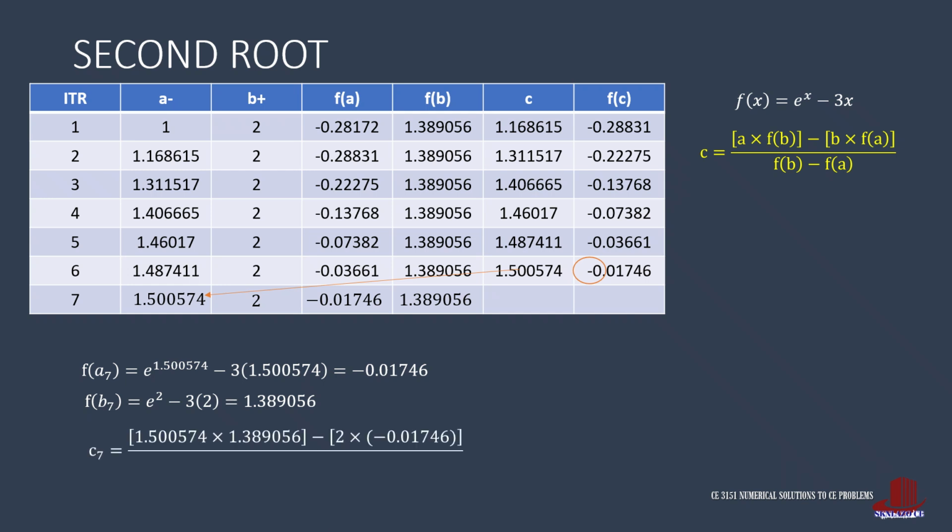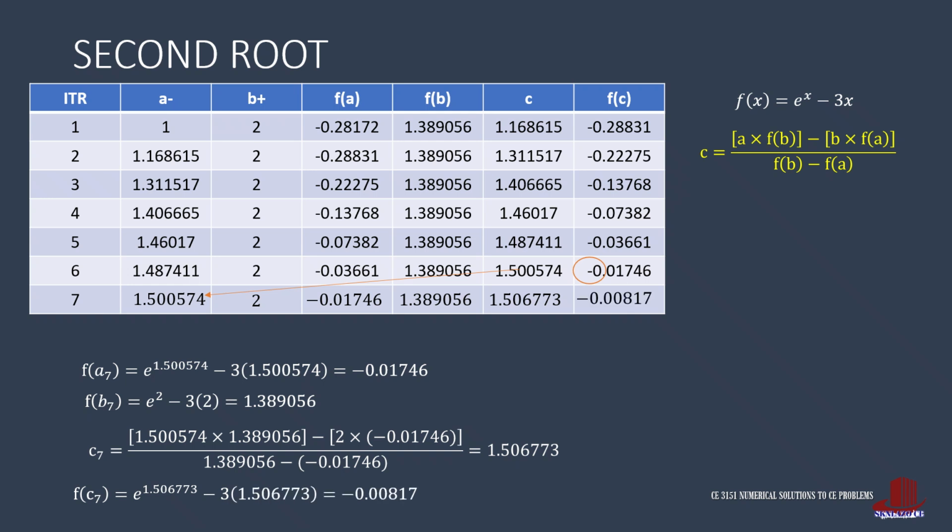C is computed as 1.506773, and using these to the function, FC comes out as negative 0.00817. We have progressed to double zero, but we are still iterations away to 4 decimal zeros.